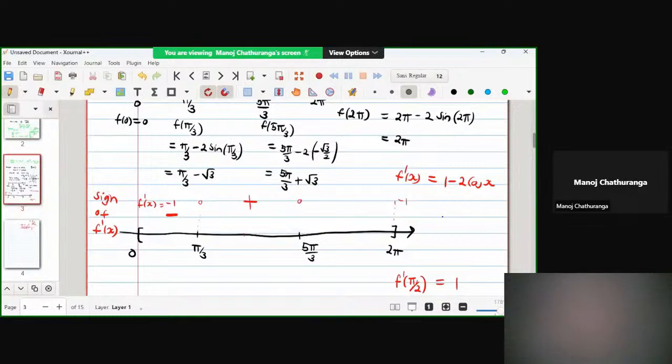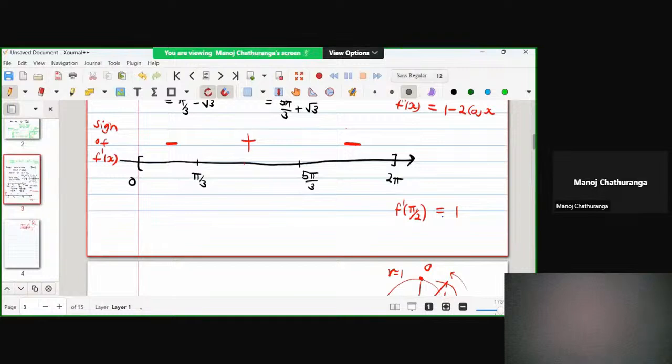That means it takes negative values. So the sign change of the derivative is from minus to plus to minus. And at these 2 points, we have horizontal tangent lines.